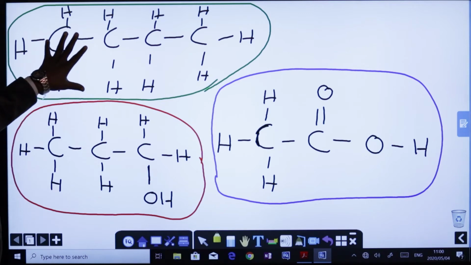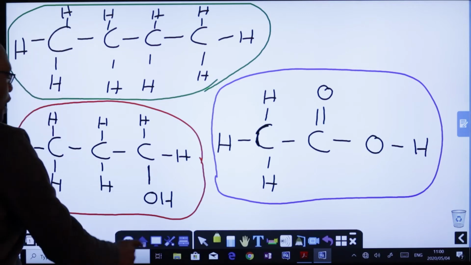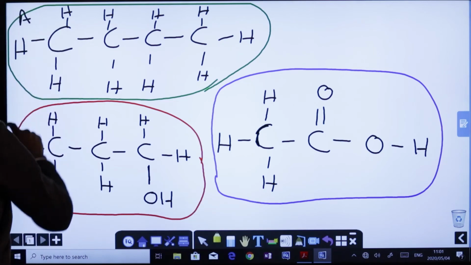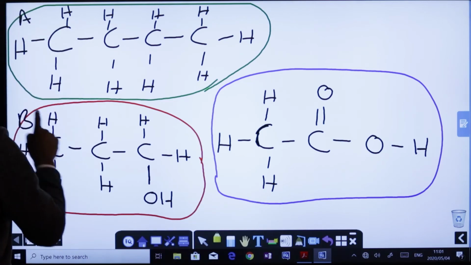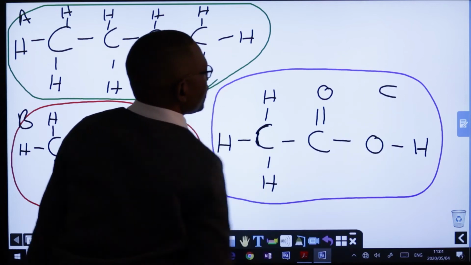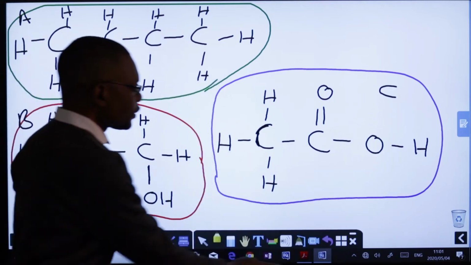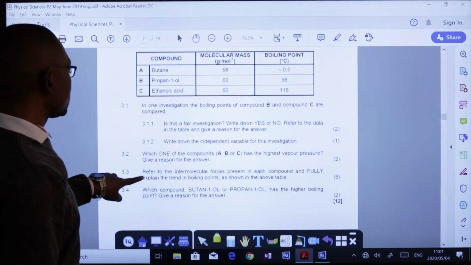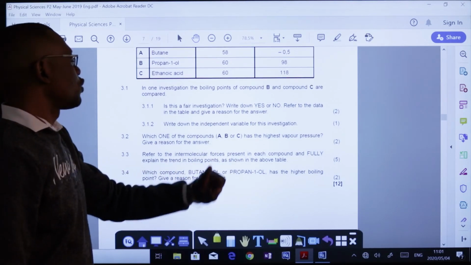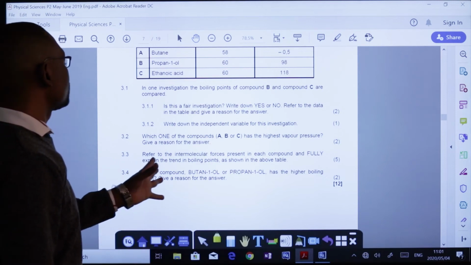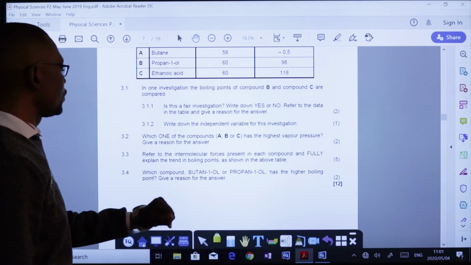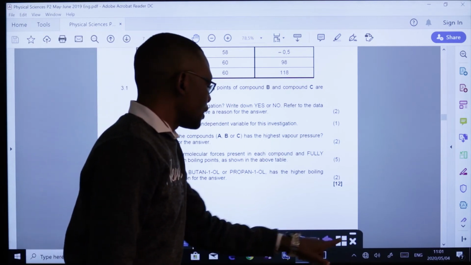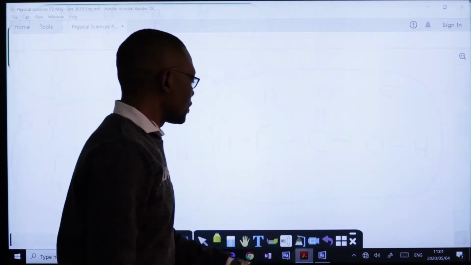So this is compound A, and then this is compound B, and this is compound C. So remember, the question is saying, referring to the intermolecular forces present in each compound, fully explain the trend in boiling points as shown in the above.